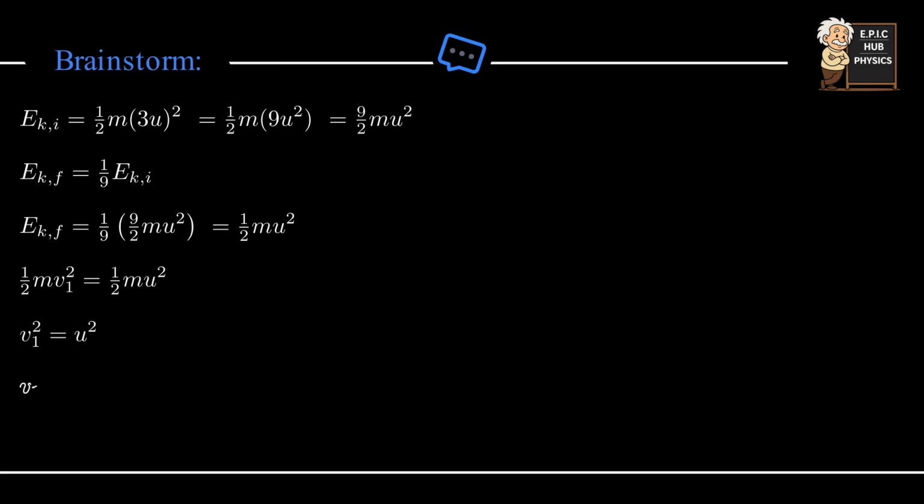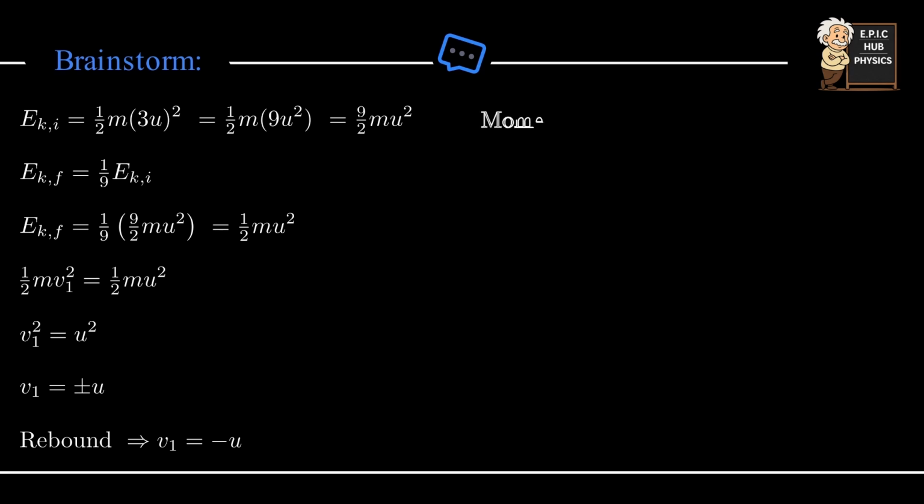Taking the square root gives v1 equals plus or minus u. However, the question states that the object rebounds, meaning it changes direction, so its final velocity must be negative relative to its initial direction. Therefore, the final velocity of the first object is minus u.